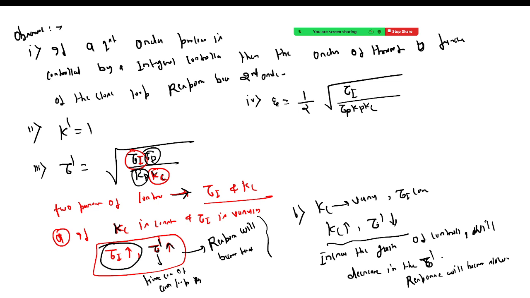If I increase kc, our response will become slow. Right? So two opposing factors are working simultaneously. Ultimately we are very much interested in making the response very fast for the particular system. So if I increase tau I, response will become fast. If I increase Kc, response will become slow.